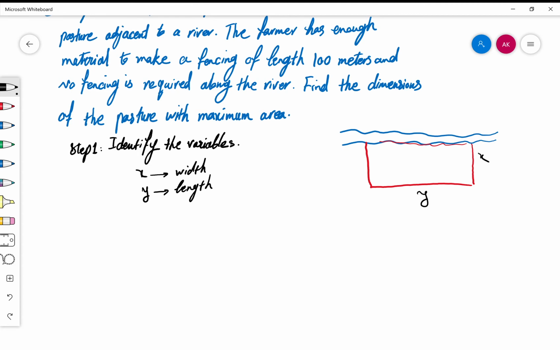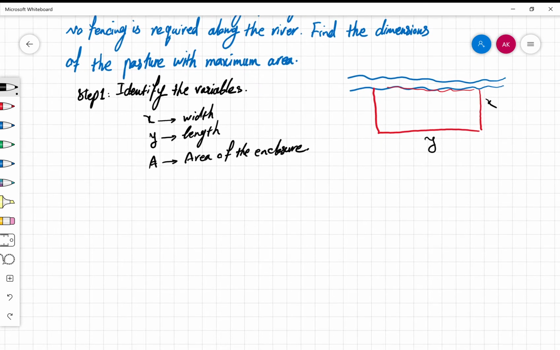What else? We have area. So area of the enclosure. Let me put A. Okay, so that's the first step.